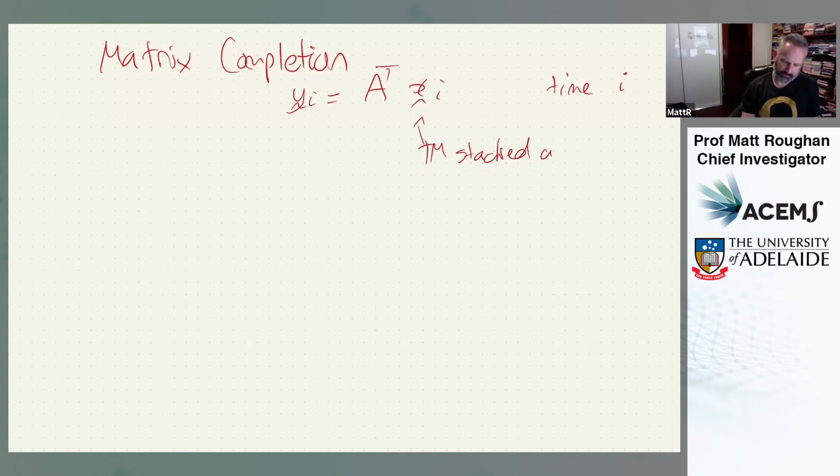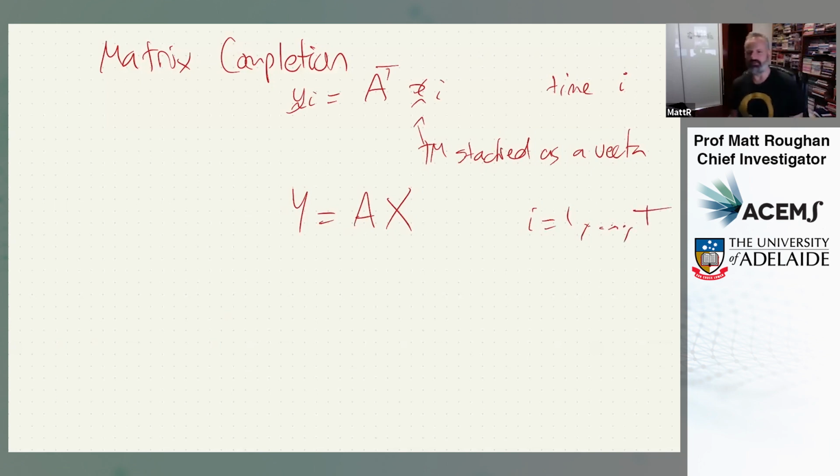So let me just very quickly try and sum up what you're doing with traffic matrix completion. So we start with, again, something like this: y_i equals A transpose x_i. So imagine this is at time i, and this is a traffic matrix stacked as a vector. Then we can rewrite this as y_i equals A x_i for i equals 1, 2, up to some time t.